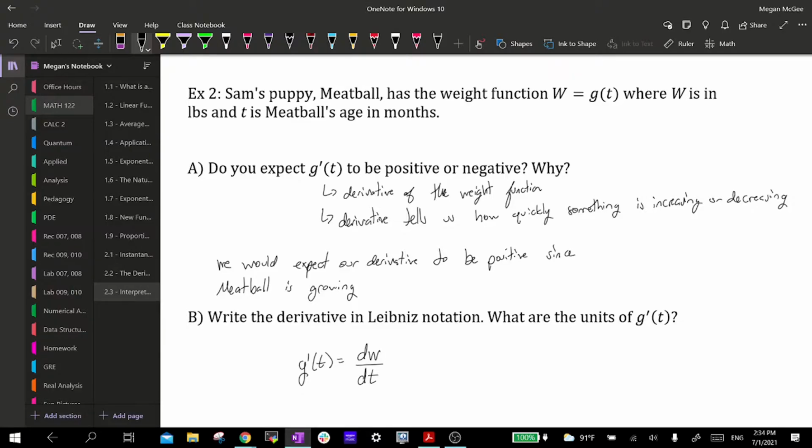Okay, our derivative of our weight with respect to time. So, for the units, weight is measured in pounds. So we have pounds over time, and in this case, time is months. So we have pounds per month as our units for our derivative.